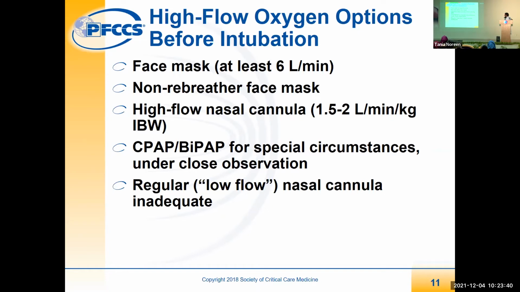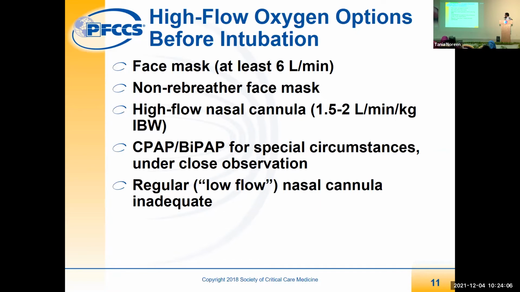So a face mask can be used in relatively stable patients, non-rebreather. We are getting 100%, but we are not getting any PEEP, so it's not a positive pressure. High flow is actually much more, so we can go up to 30, 40 liters per minute. CPAP, BiPAP for special circumstances, but of course, it needs close observation.